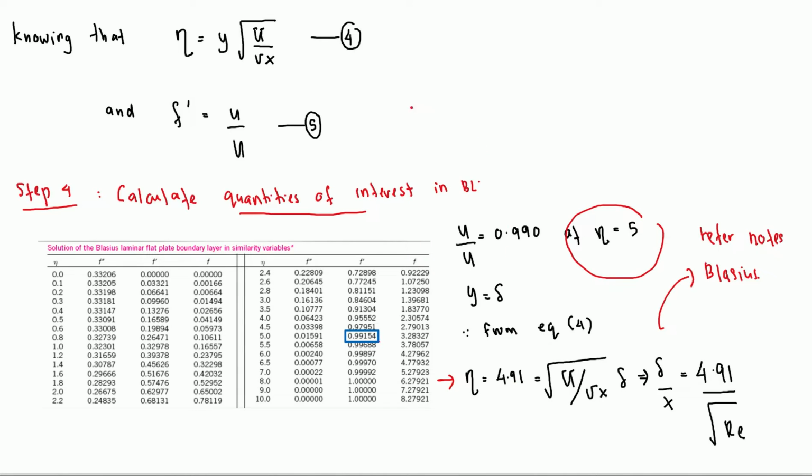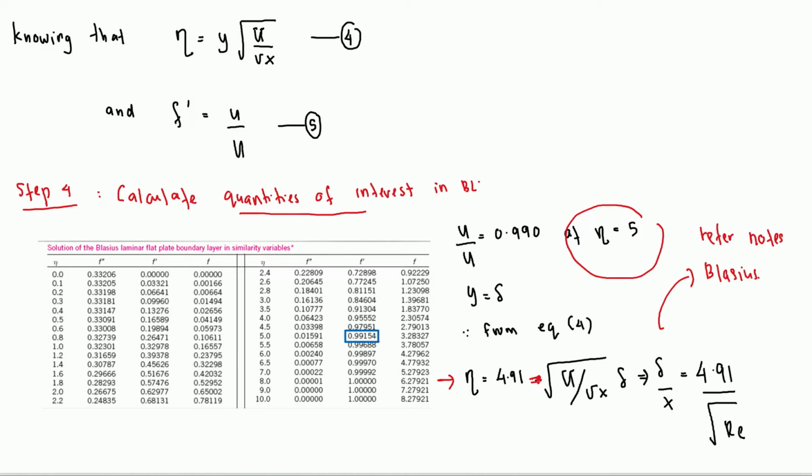So from equation number 4, we replace y with the boundary layer thickness, with eta as 4.91. In our previous discussion, we put eta equal to 5, right? But we follow the textbook where eta is equal to 4.91. So eta, 4.91, is square root of U over viscosity times x, and we get delta over x.